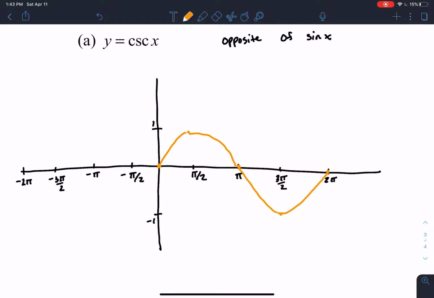So that's sine of x, here in orange: axis, high, axis, low. So we have sine of x.